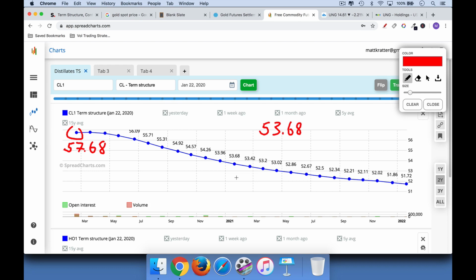So if we buy oil for delivery in 1 year from now, what's going to happen is we can just hold that futures contract, and the futures are fairly liquid going out that much.